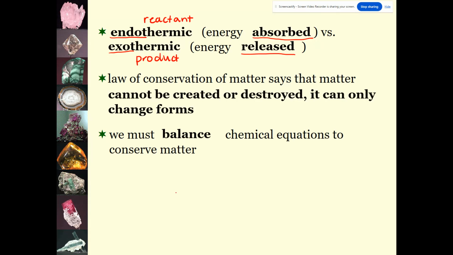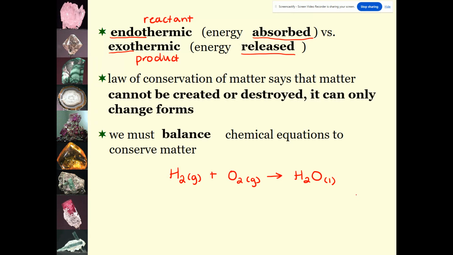But essentially, let's say I'm forming water. So I have hydrogen gas, which is diatomic in its elemental form, and it's reacting with oxygen gas, which is also diatomic. And in that process, let's say I'm producing water, which at room temperature is a liquid.